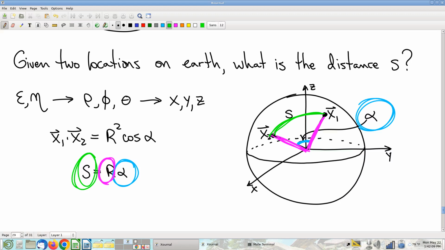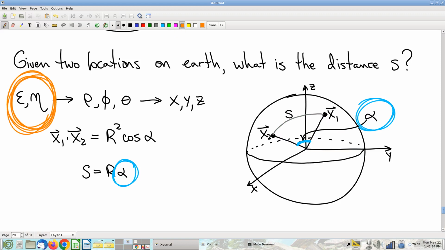It does bring up the question, though, of how on earth am I going to figure out that angle? This is where the cleverness comes in. The cleverness is to recognize that if I know longitudes and latitudes, which of course we do, right? Google Maps will tell you the longitude and latitude of any location on the surface of the Earth that you want. Cool.